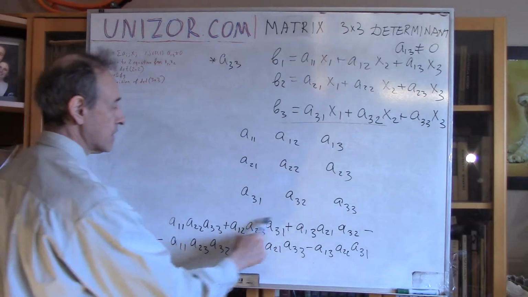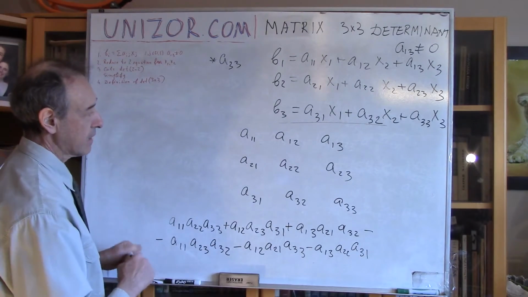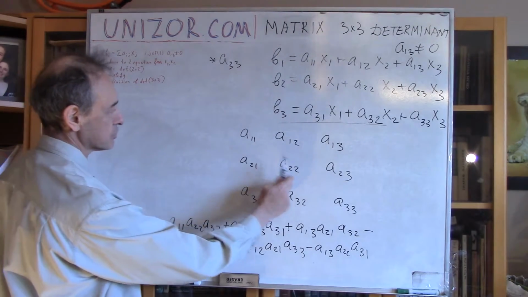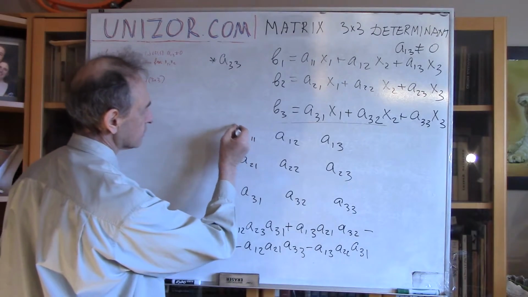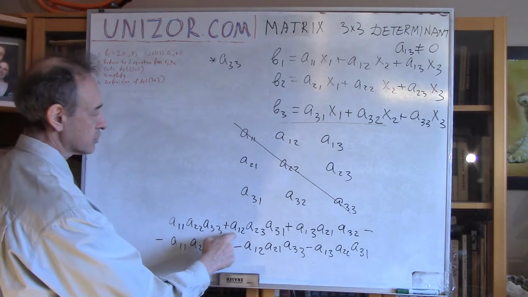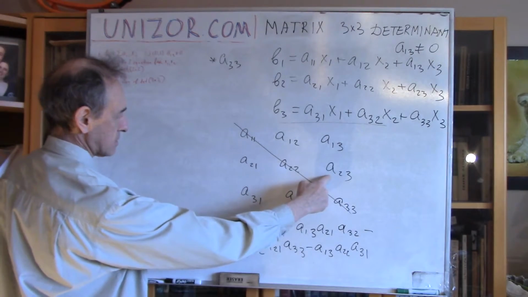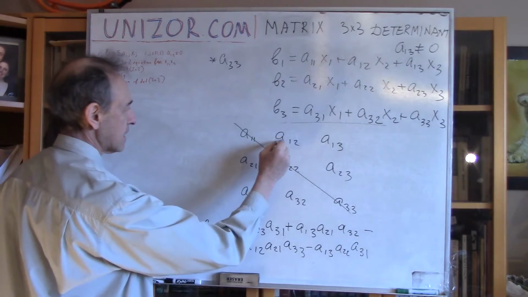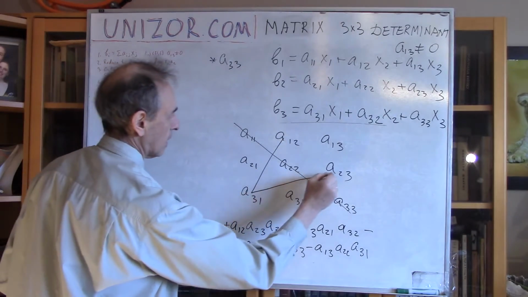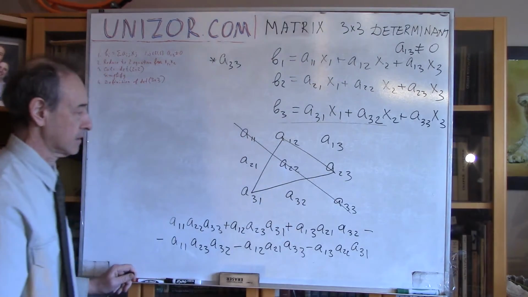Now look at the three positive members. Now this one is the main diagonal, right? A11, A22, and A33. So we start from the main diagonal. Now A12, which is this, A23, which is this, and A31 is this. This is a triangle which has a short side parallel to the main diagonal.